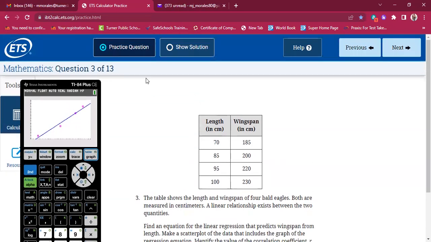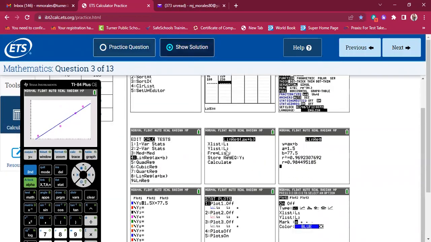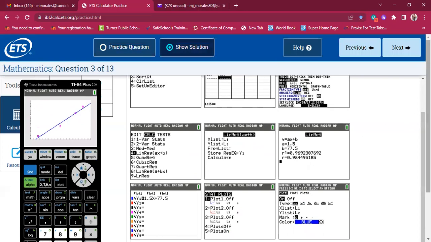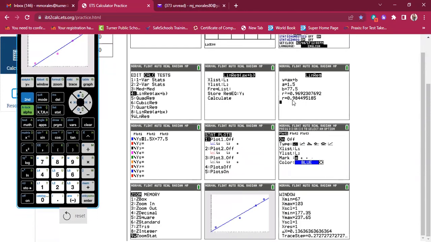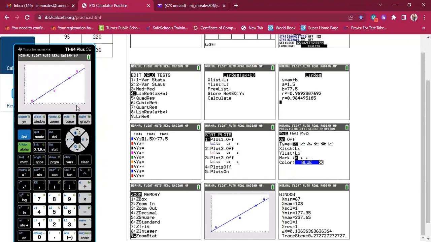Okay, let's see if our answer is right. There you go. Our R is 0.98, that was right. And then our equation is 1.5x plus 77.5, that is correct.